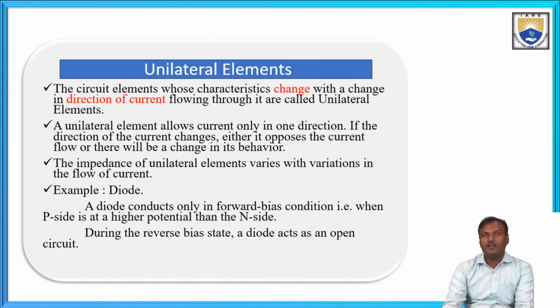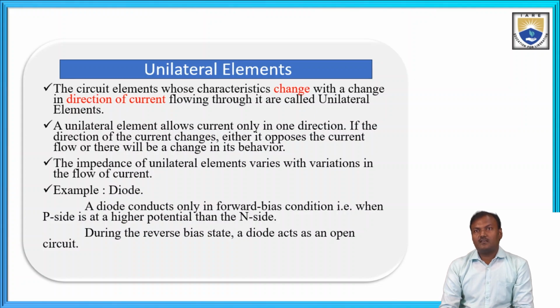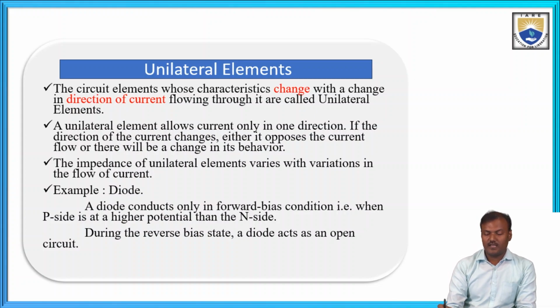Next one is unilateral elements. These are circuit elements whose characteristics change with the direction of current. That is, the characteristics, either current or voltage, change when the direction of current changes from one direction to the opposite direction.